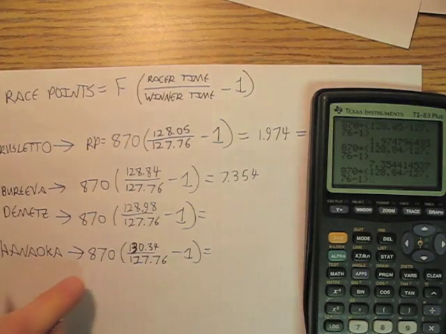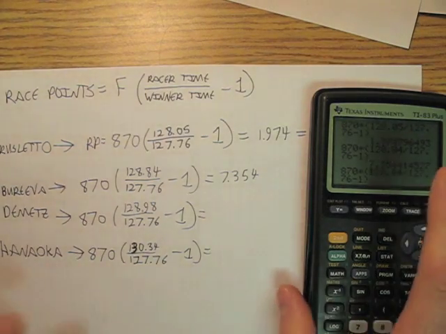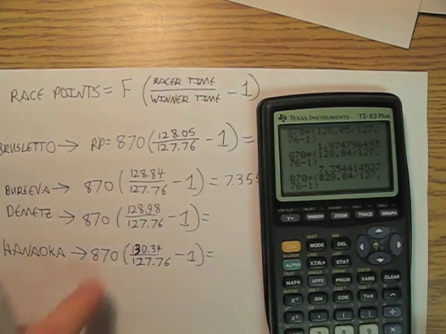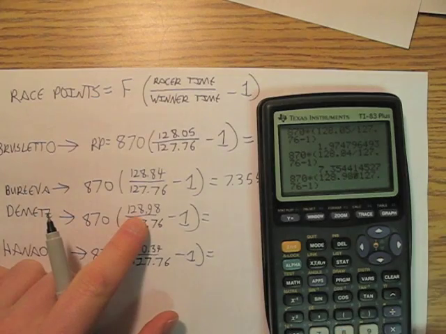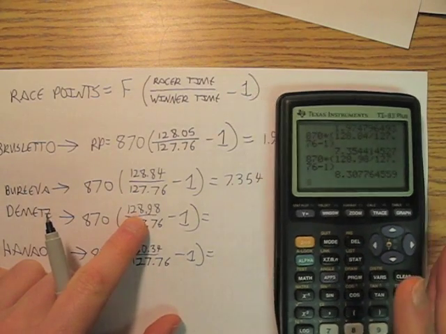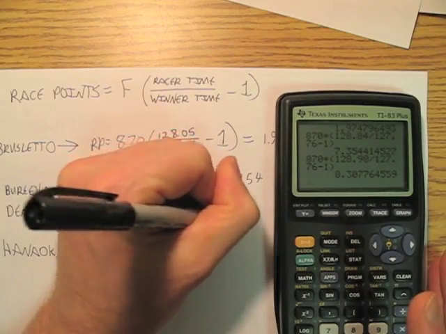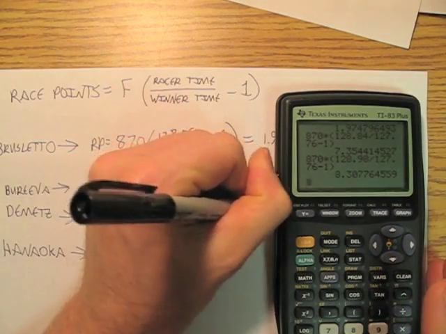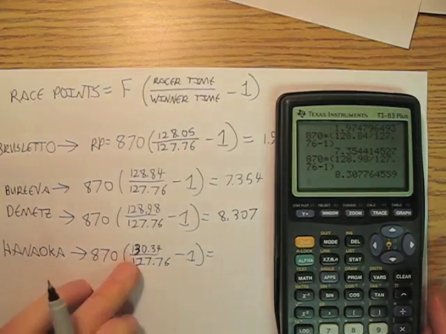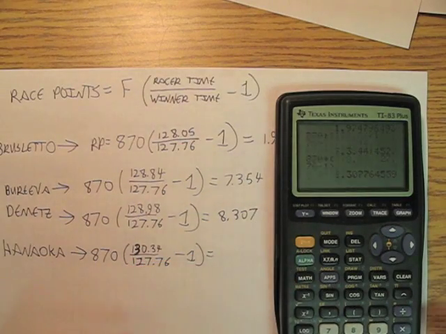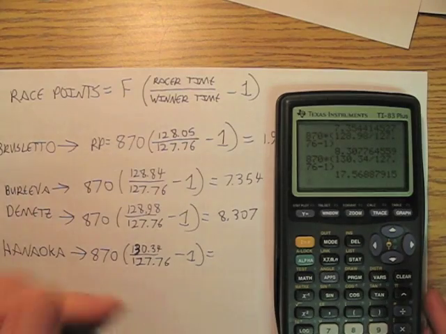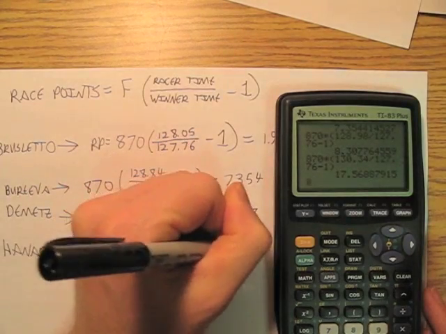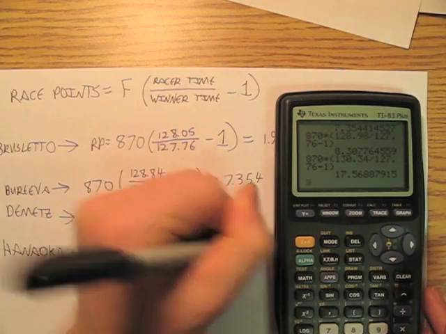Pull it up again, 128.98, 8.307, and then pull it up again, and I have 130.34, and that's 17.568.